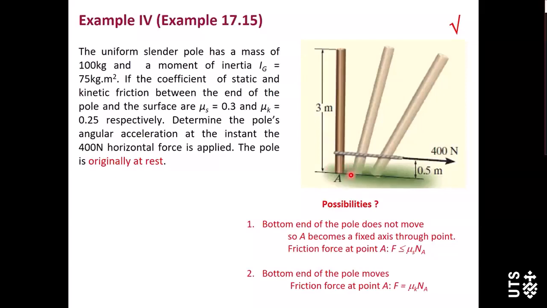In this case, the friction force at point A should be static friction force, and this friction force should be less than or equal to mu s times Na. Na is the reaction force at this point A.